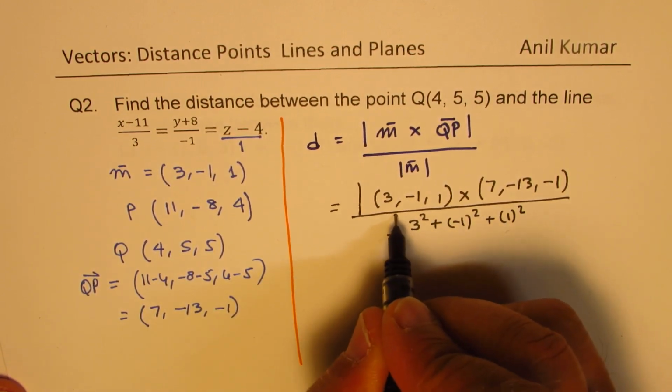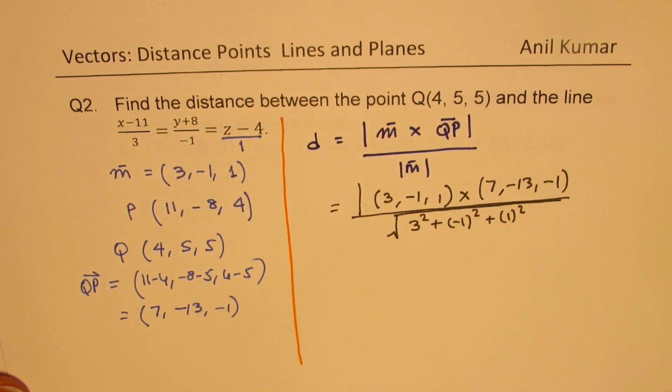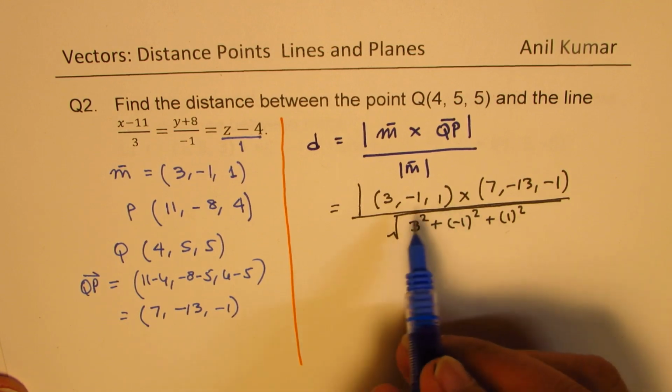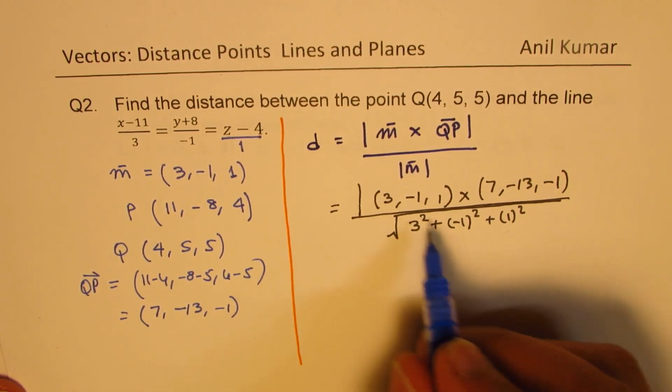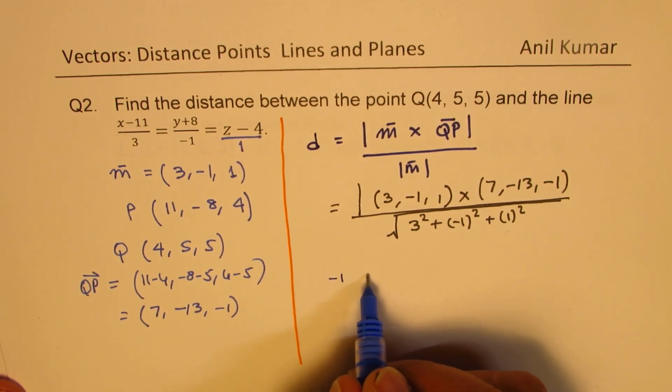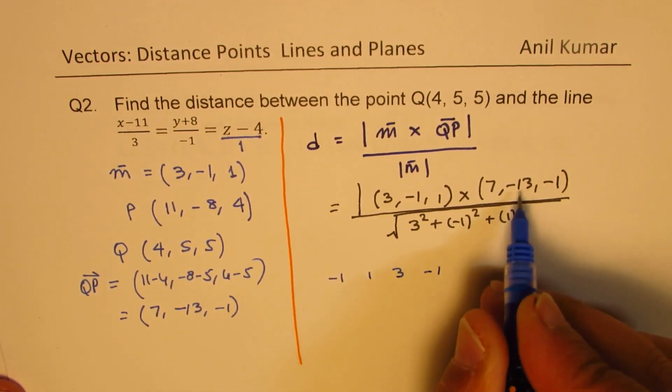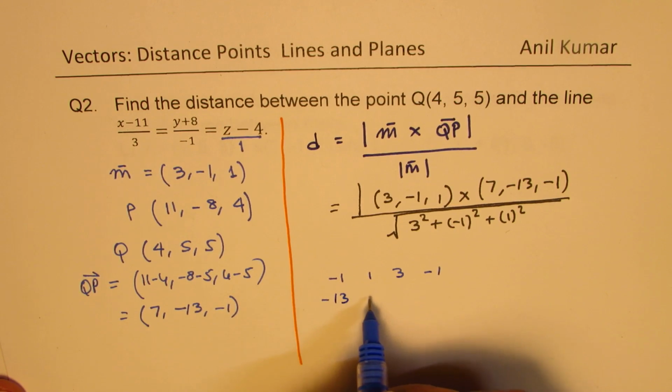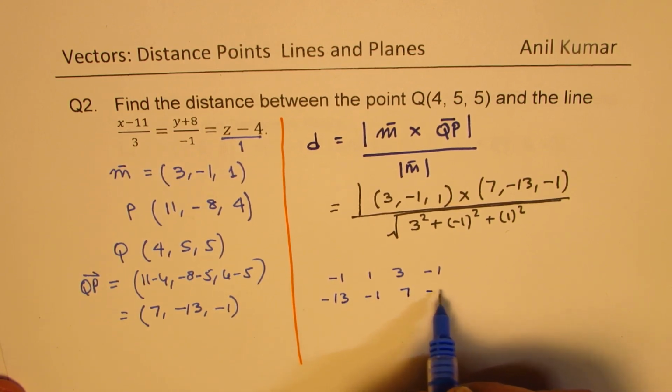So that is what you need to calculate. Let's find the cross product. We have minus 1, 1, 3, minus 1, and minus 13, minus 1, 7, minus 13.